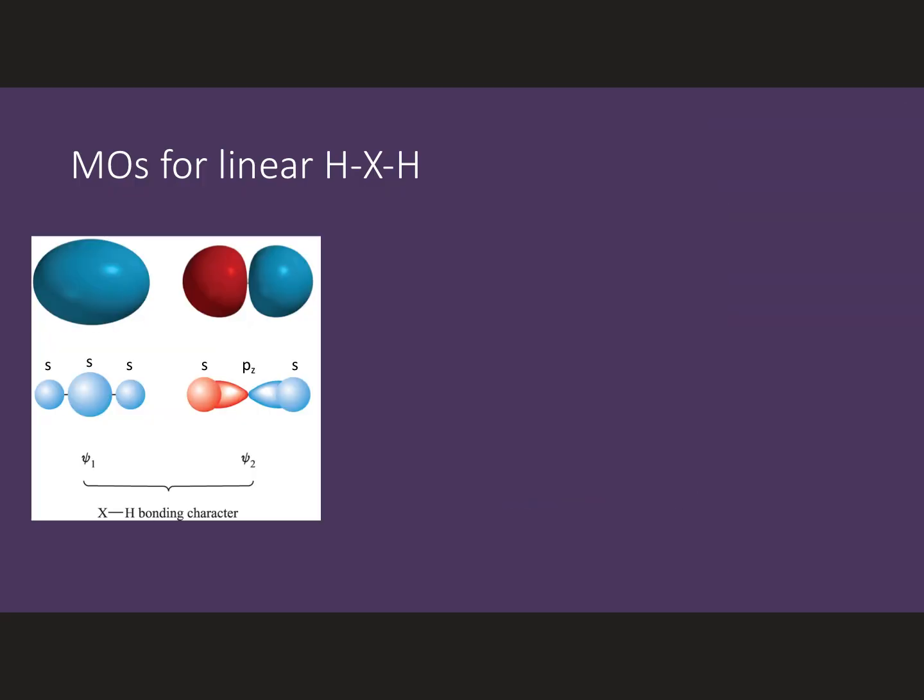We could just do some crude analogies here and some simple drawings. So we could say, well, let's start putting them together in formats that we understand. For example, over here, I've got an s orbital from hydrogen, I've got an s orbital from my other hydrogen, and I've got a third s orbital from that central atom.